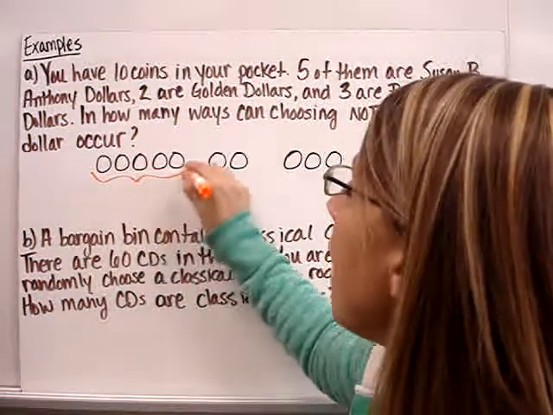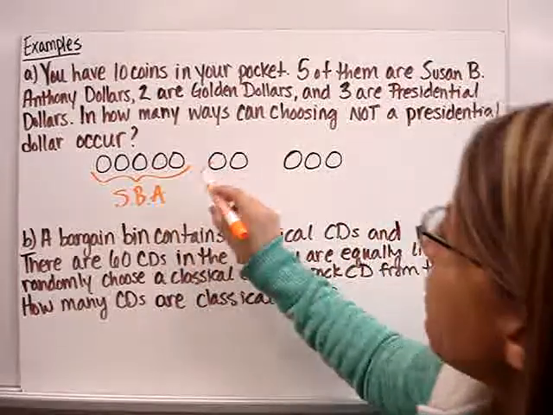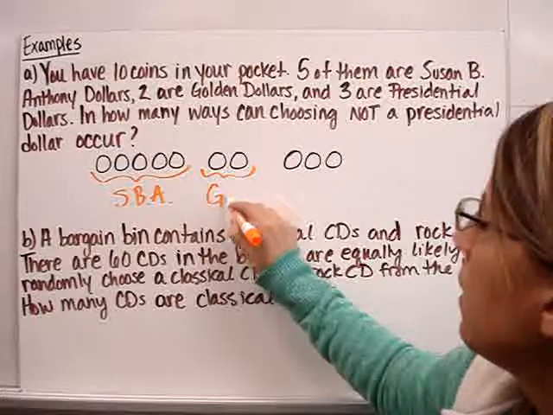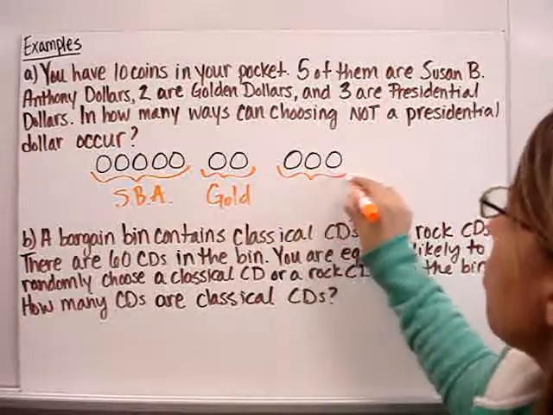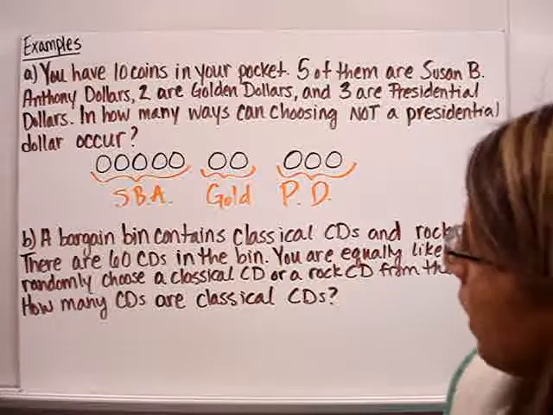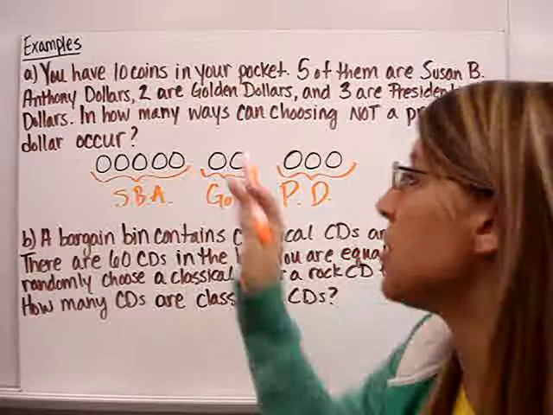So these 5 are Susan B. Anthony dollars. We have 2 that are golden dollars, and we have 3 that are presidential dollars. Okay? In how many ways can choosing not a presidential dollar occur?